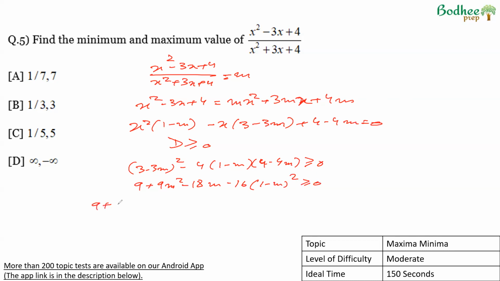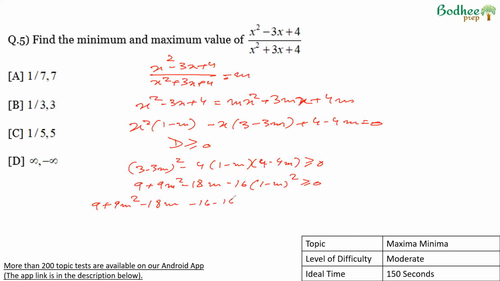Which will be 9 + 9m² − 18m. (1 − m)² will be 1 + m² − 2m, multiplied by 16. So minus 16 minus 16m² plus 32m.